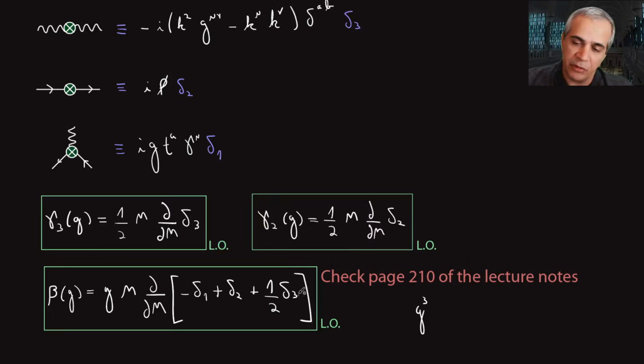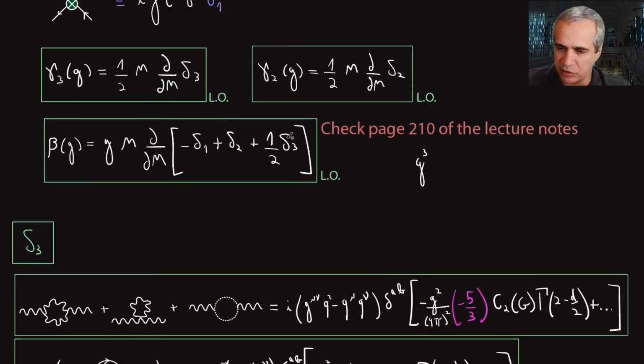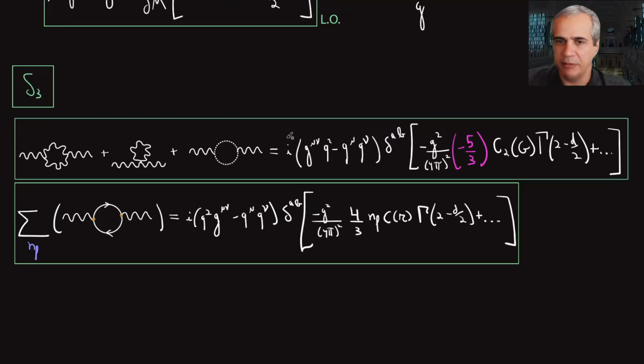Now, delta 3, I already have all the loops I need to calculate, right? Delta 3 is this counter term, so this piece needs to cancel the divergent part of the self-energy, right? And I already calculated the contributions to the self-energy. So let's start by getting delta 3, right?